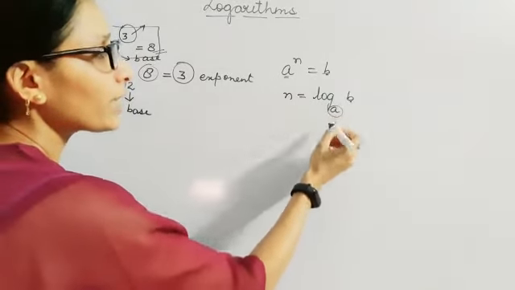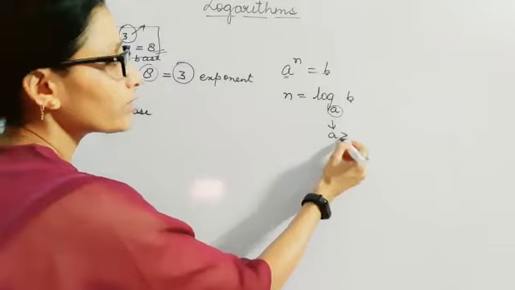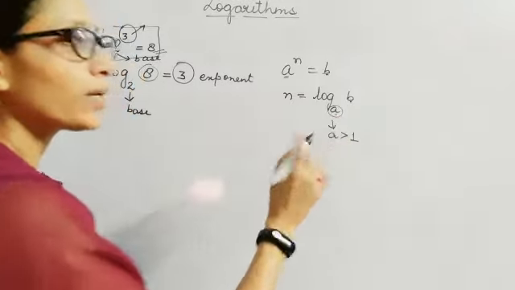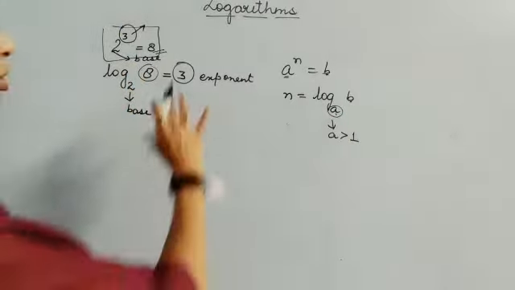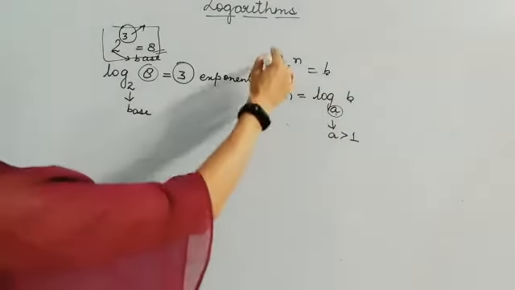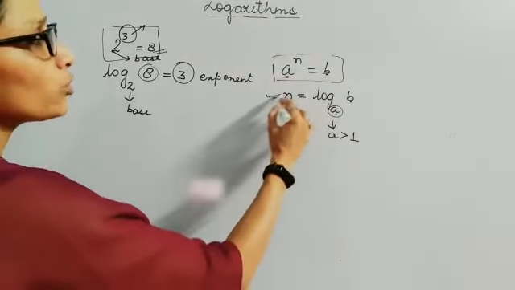This is your base, so the base will be written here, and this is your result, so the result will come with log. Here a should be greater than 0 and other than 1. So this is the way we write the exponential form into log form.